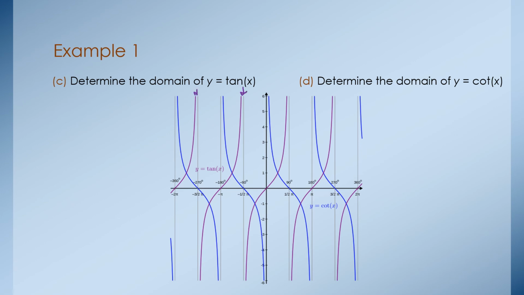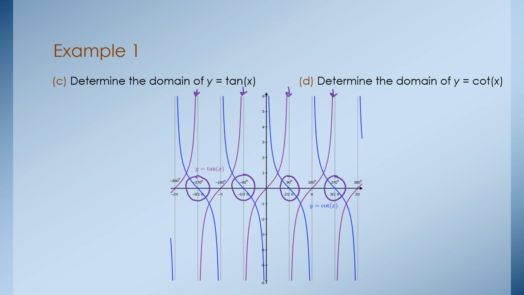So I'm just going to go up to that purple graph and I'm going to put arrows where I see it approaching a certain x value, but not actually getting to it, which is what's making the vertical asymptotes. So that appears to be happening at negative 3 pi over 2, negative pi over 2, positive pi over 2, 3 pi over 2.